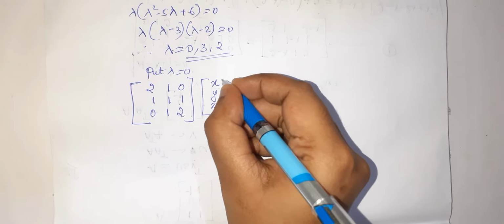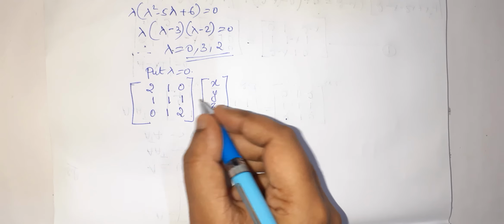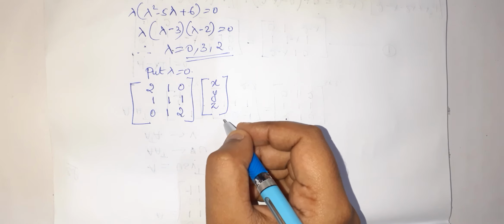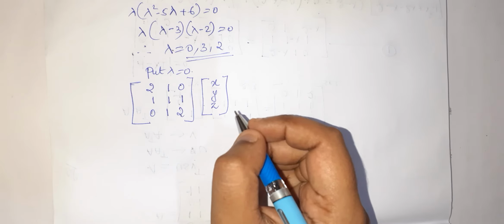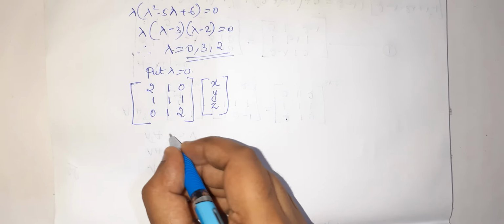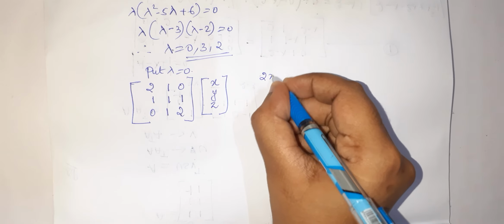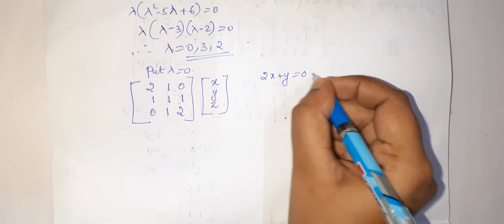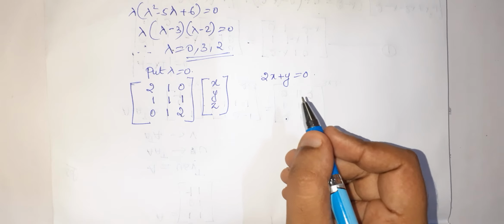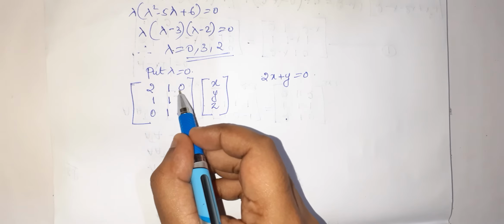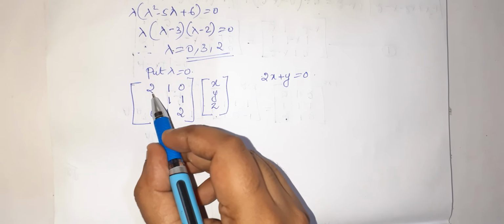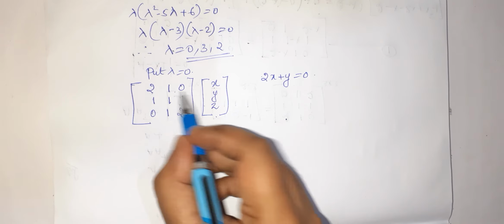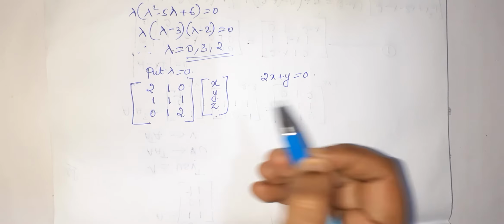Then in order to find the equations, multiply it with the matrix. Therefore, the equations formed will be 2x plus y equal to 0. Multiply the first row with the first column: 2 into x plus 1 into y plus 0 into z.